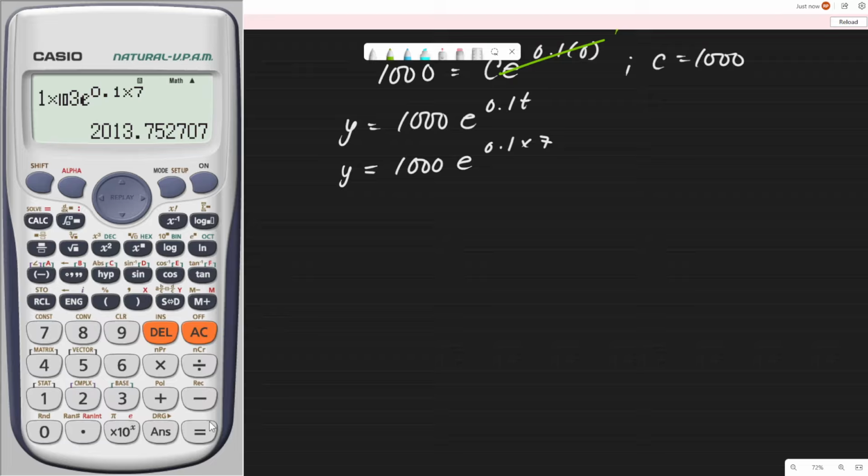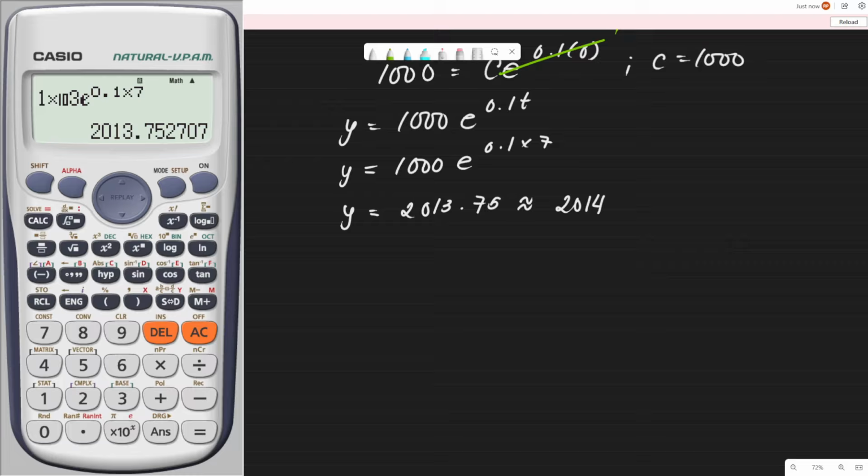Wala namang ibon na pinanganak na walang buntot, or walang isang pakpak. Unless deformed, but still considered as one bird. So we have y is equal to 2013.75, or round up nyo na lang to the nearest integer. So that is 2014. Okay, so we have 2014 birds right before the migration.